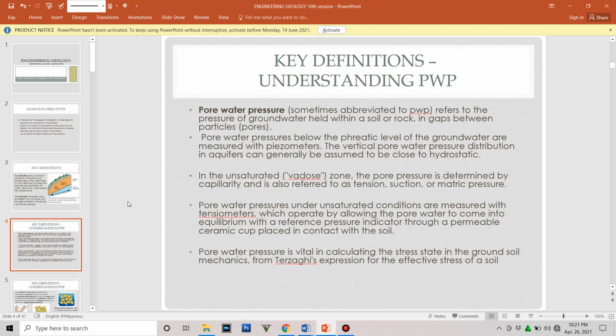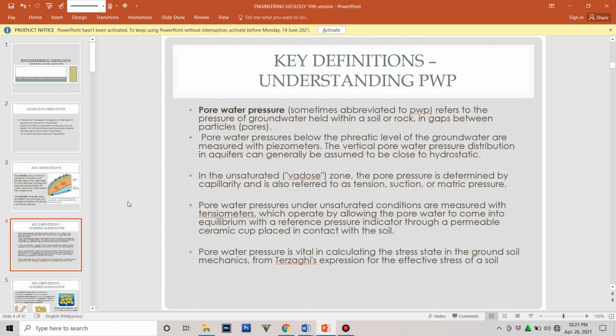Pore water pressures under unsaturated conditions are measured with tensiometers, which operate by allowing the pore water to come into equilibrium with a reference pressure indicator through a permeable ceramic cup. When we say permeable, water can penetrate it.